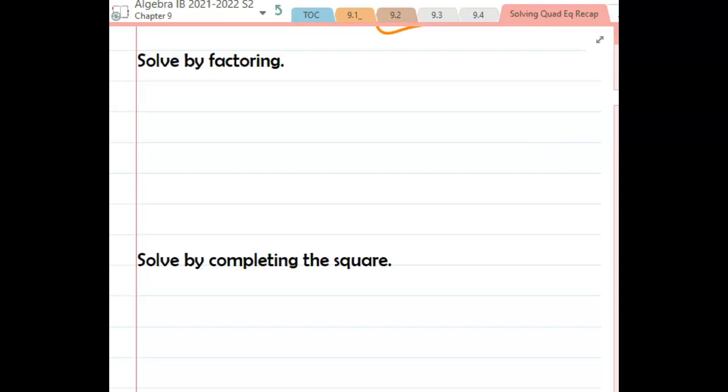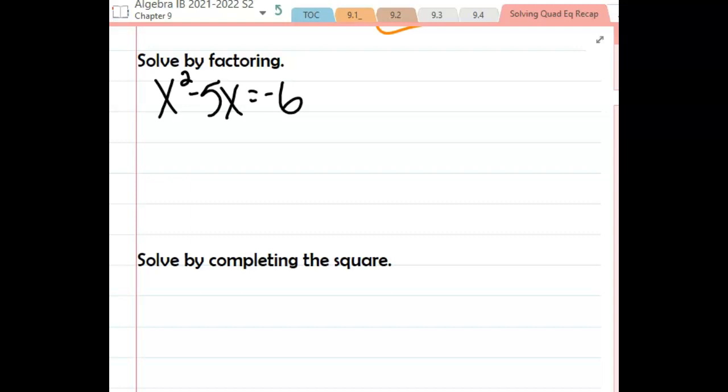Okay, to solve by factoring, and we might do 2 of these. Okay, let's do x squared minus 5x equals negative 6. First, you definitely want to do the square root method if you can, but I cannot do the square root method here because there's this x term. So the next thing we might try is to solve by factoring.